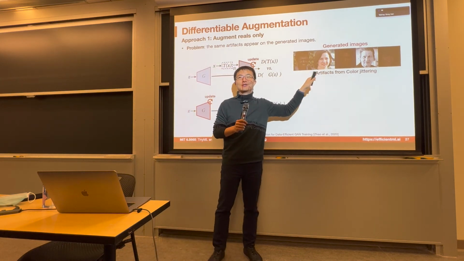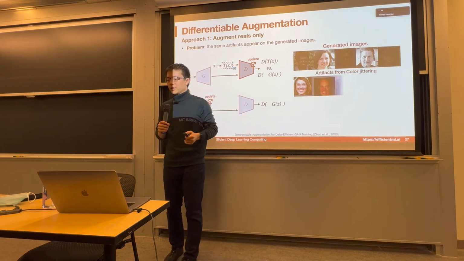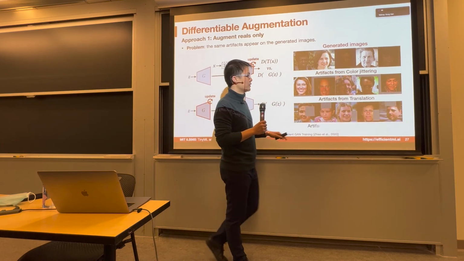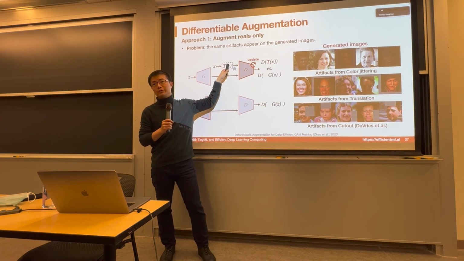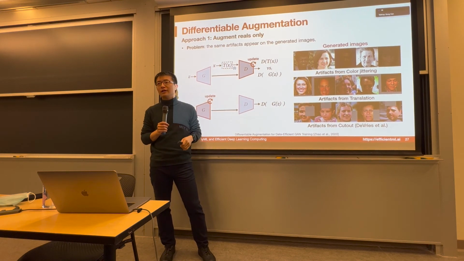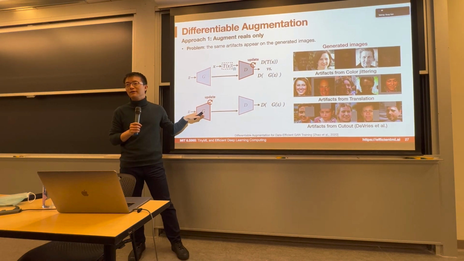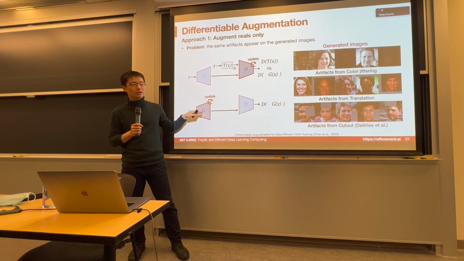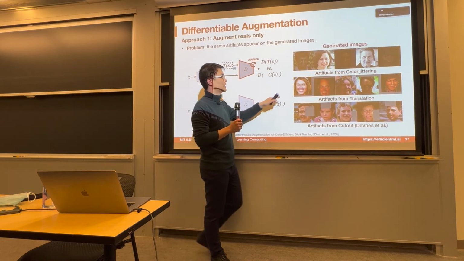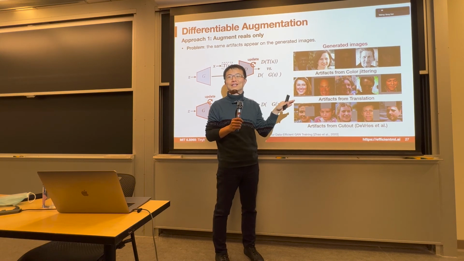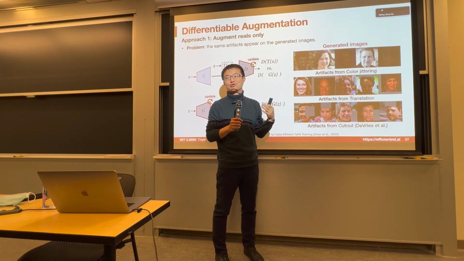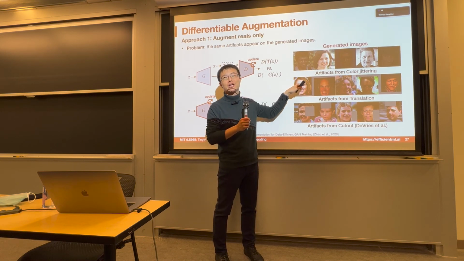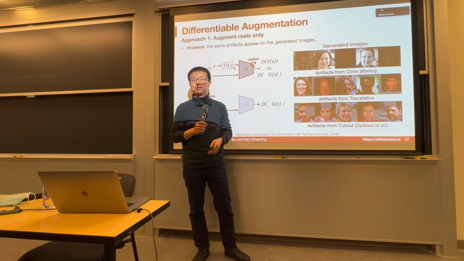So we did an experiment. We did color jittering. We also did the translation. We also did the cutout for this real image and fed it to the discriminator and tried to see what the generator can do, right? We visualized the result from the generator, and sadly we find that whatever jitter we apply to the discriminator, that exactly gets reflected in the image generated by the generator. It's very interesting.